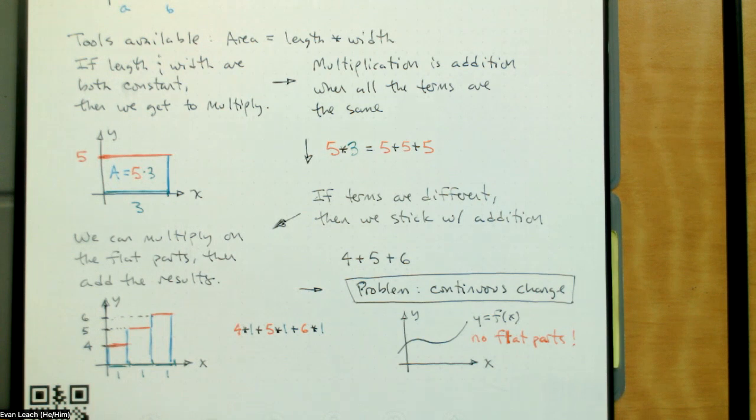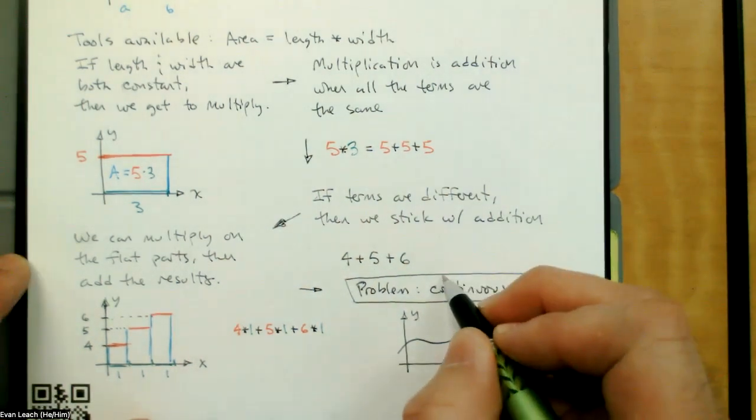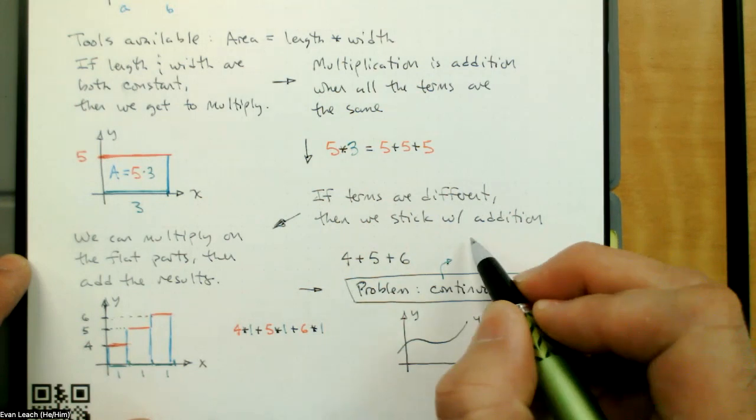The other problem that we run into with continuous change is that there is no next real number. So there's nowhere to put the plus signs. That's the continuous problem. There's no next real number.